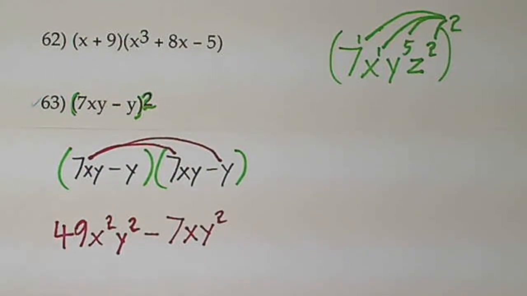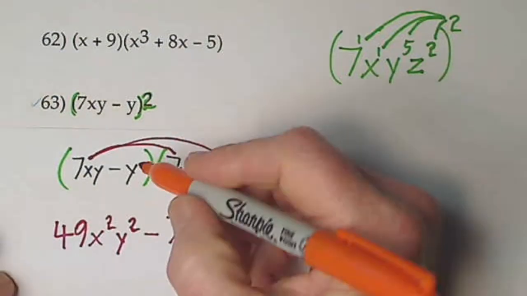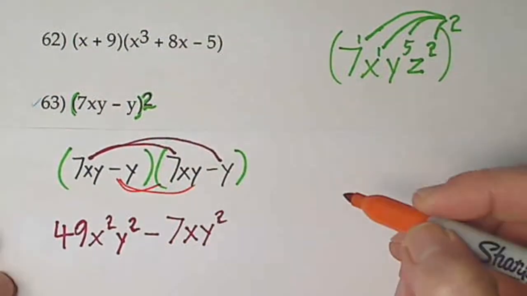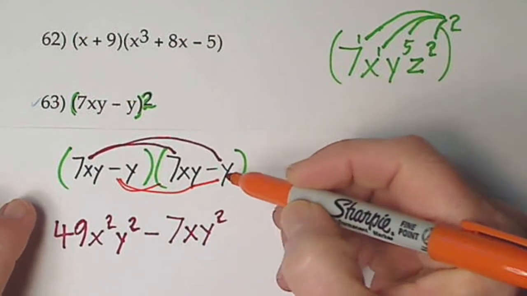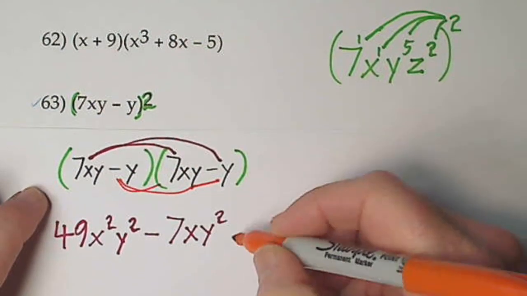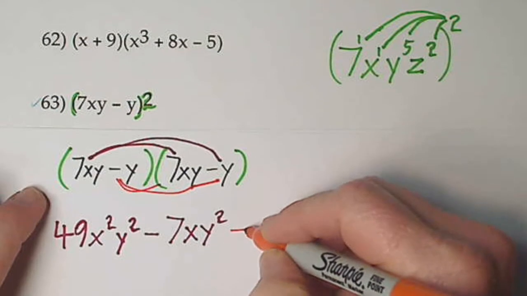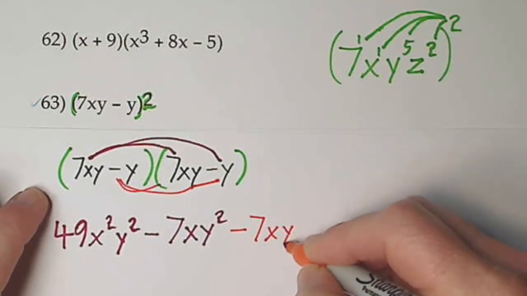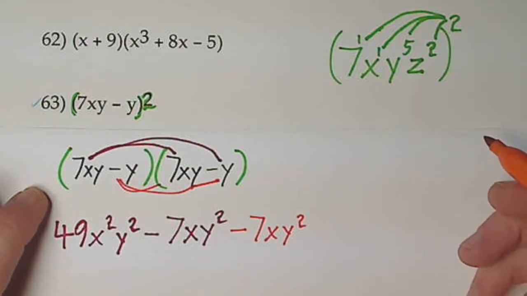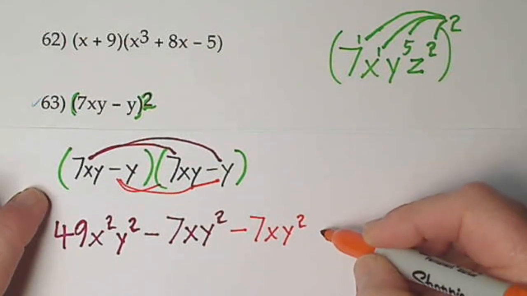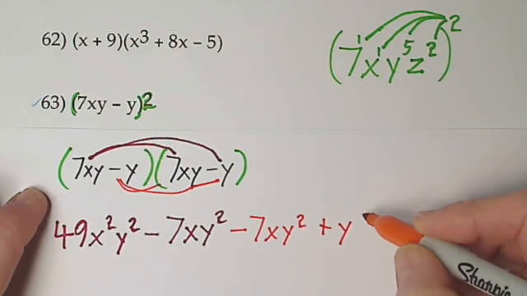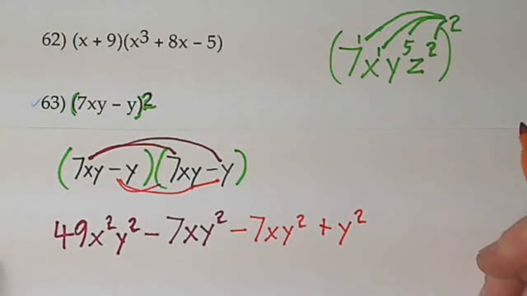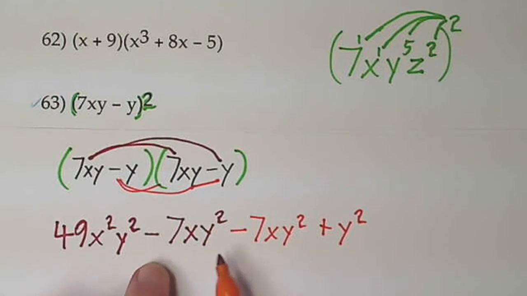And now we have to send our negative y to each term. Okay, so that's coming over to here. So negative y times this is going to be negative 7x y squared. And then negative y times negative y is plus y squared. I could have stacked these up, but I didn't. But they are like terms.